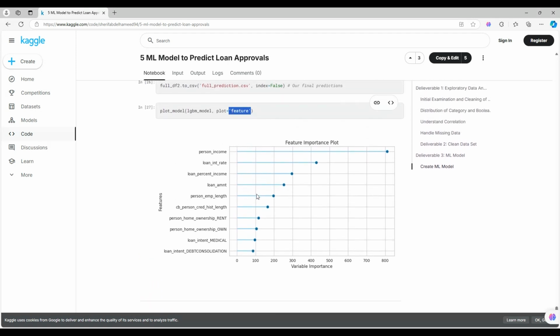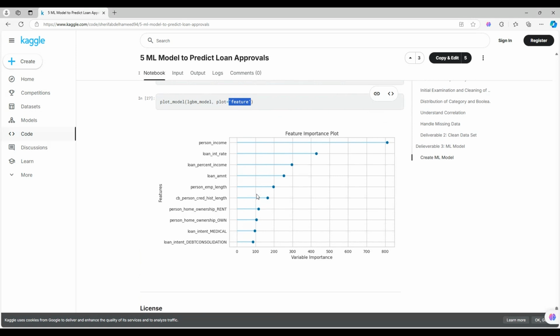So this is very good results, very important results. These are things that we can share with the stakeholders to kind of enable them to have the knowledge on, okay, so when to expect a certain loan will be approved or not.